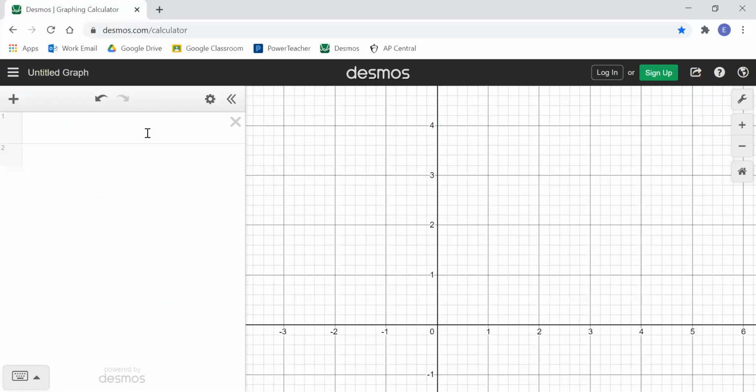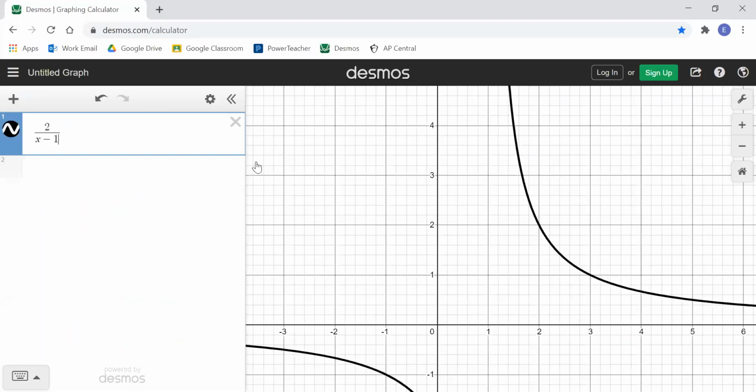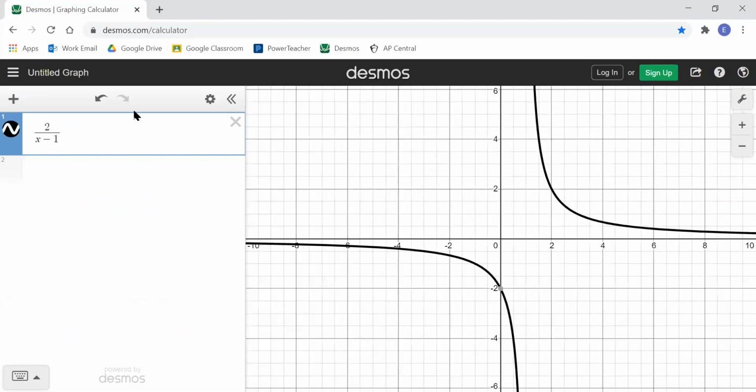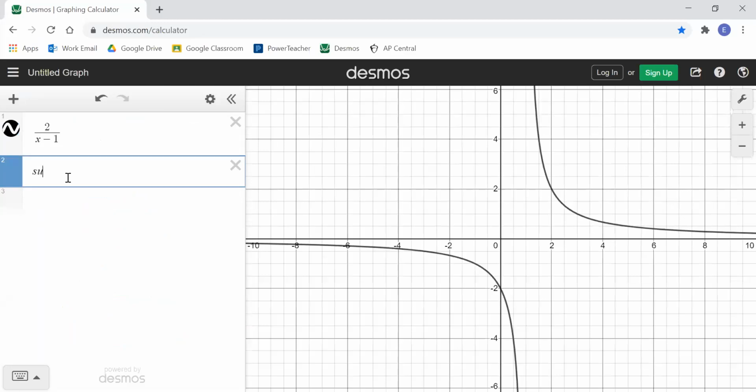So we had the function, what was the function? It was 2 over x minus 1 is what we came up with. And our sum, I believe, from n equals 0 was 3 minus x over 2, all of that to the power of n. Does that look right?